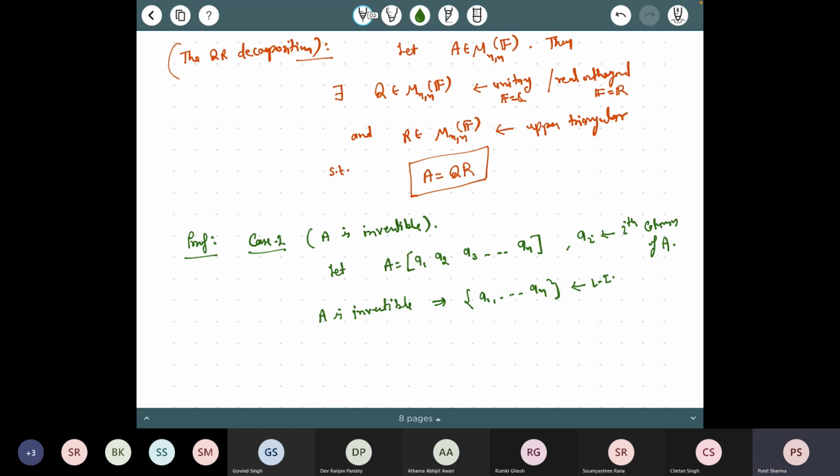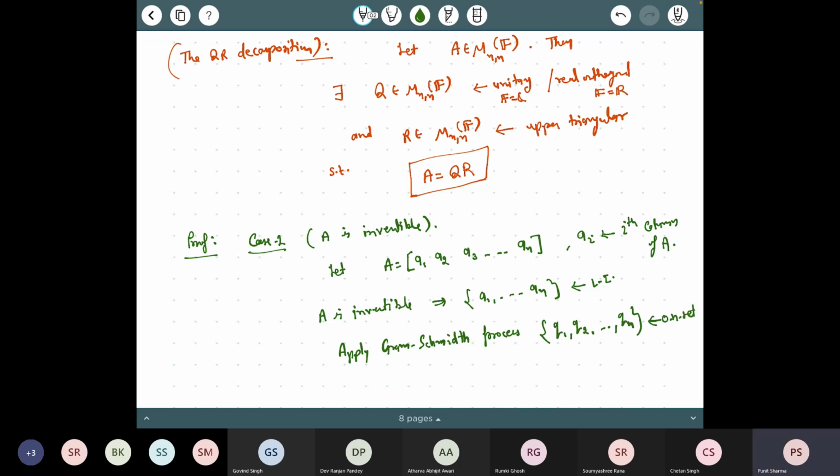If they are LI, then in R^n or F^n, depending on whether F is R or C, I can take the standard inner product and apply Gram-Schmidt with respect to it. So I apply the Gram-Schmidt process to construct Q1, Q2, and so on up to Qn, an orthonormal set.